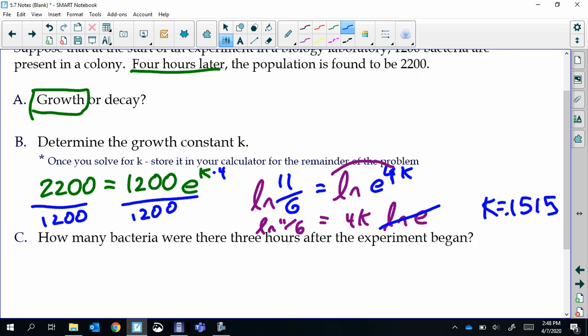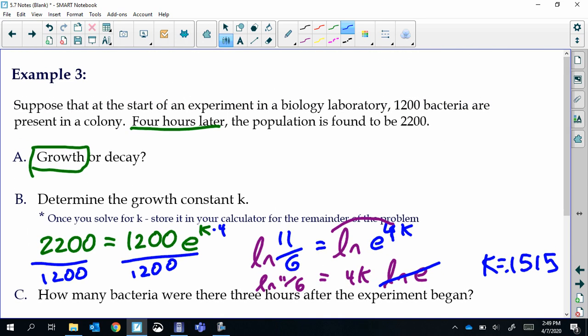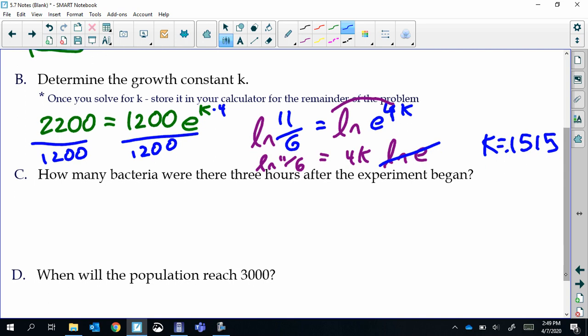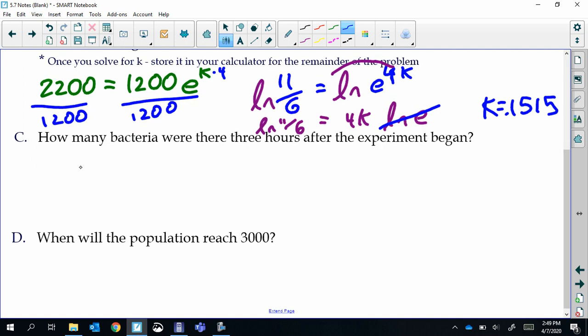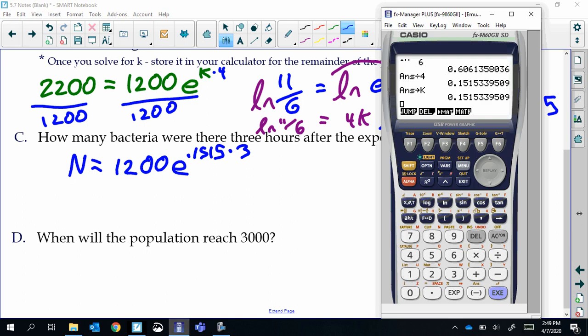So our formula to tell us how much bacteria there would be after 3 hours: we know at 4 hours it was 2,200, so it's going to be somewhere a little bit less than 2,200. So we want to know how much there will be starting with 1,200, e to the k, which is this number we just found, and we're plugging in 3 hours. Now remember, we saved that 0.1515 as k, so we can type that in with the letter k.